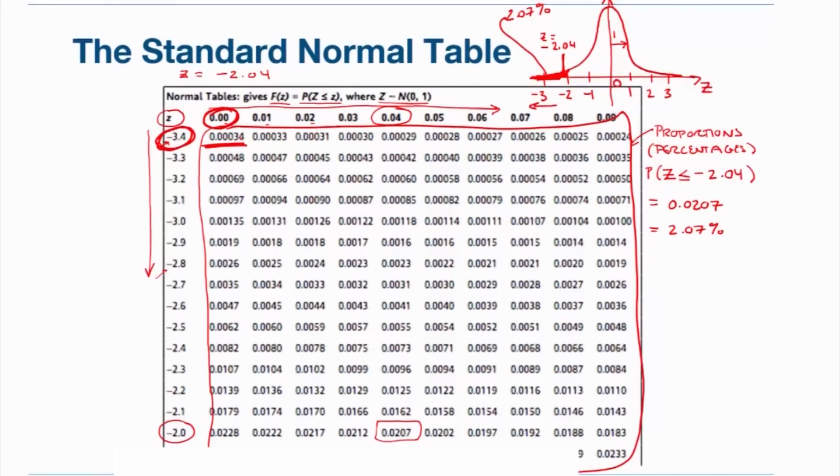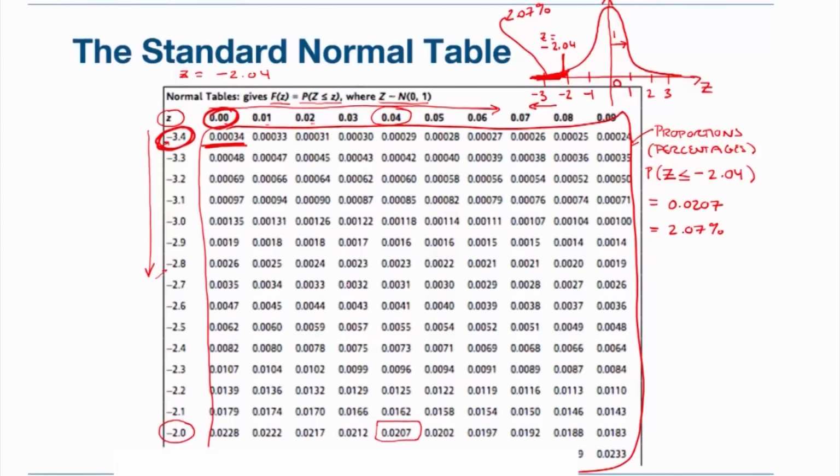The area under the curve gets very small as your little z value moves further away from the mean. Maybe that also explains why our table doesn't need to go much further, because it's pretty much going to be nothing the further away you get from the mean.